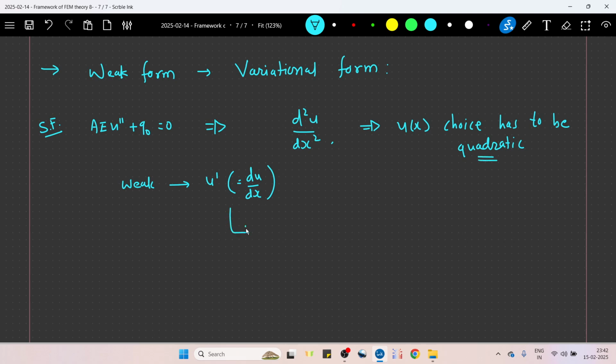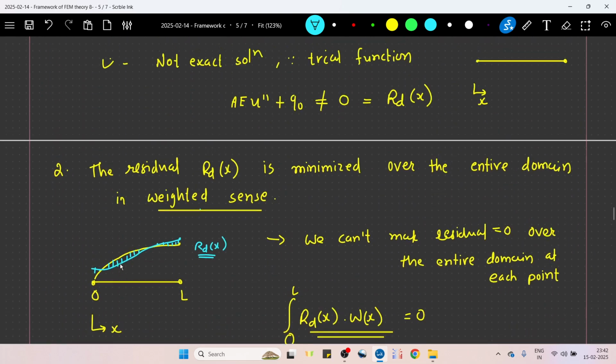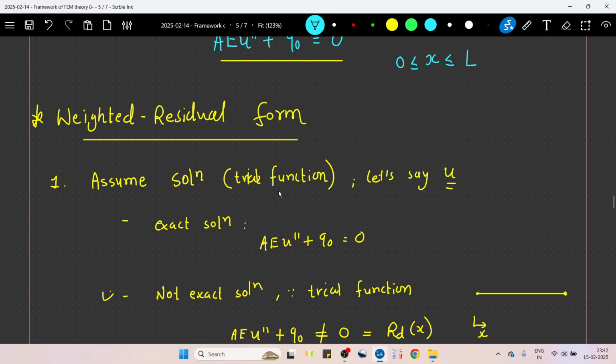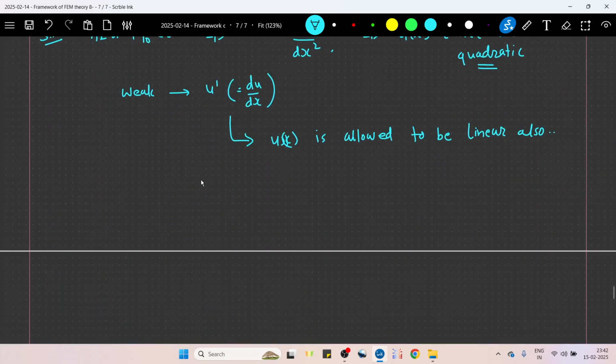Whereas in weak form we have only one differentiation, only one derivative, so the selection of u of x is allowed to be linear also. So our trial or assumed function, as we initially mentioned, assume a function or solution, let's say u, need not be quadratic, it can be a linear function also.